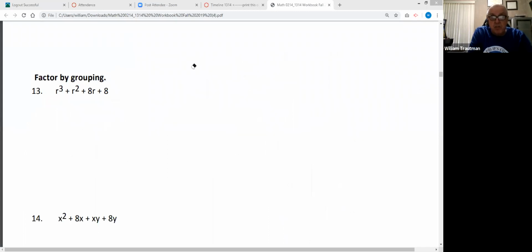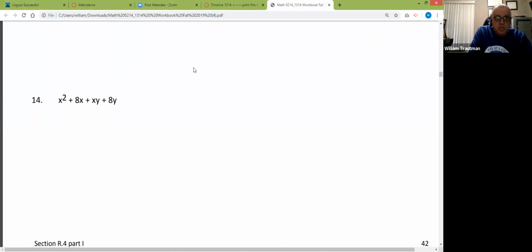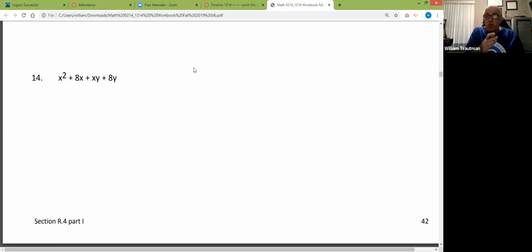All right, number 14. I see 4 terms, so I'm going to use the 4-term factoring method called factor by grouping. As soon as I see 4 terms, I'm going to use the 4-term method. If it says factor, count 1, 2, 3, 4 terms.